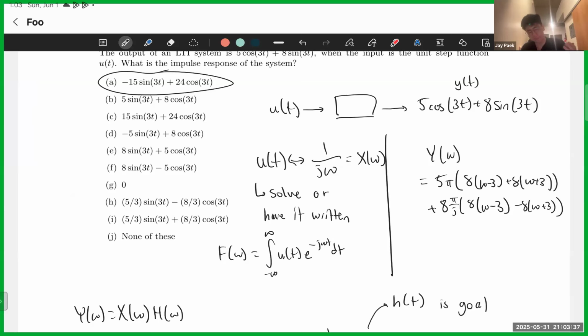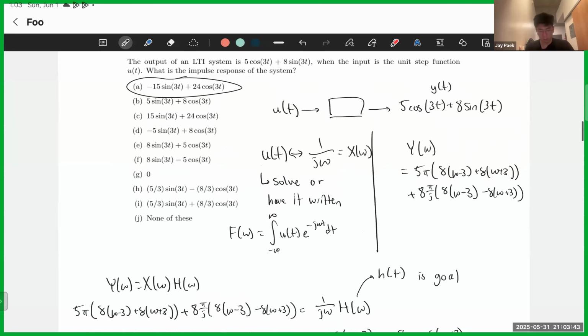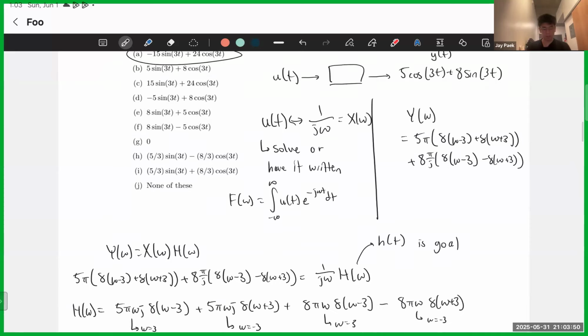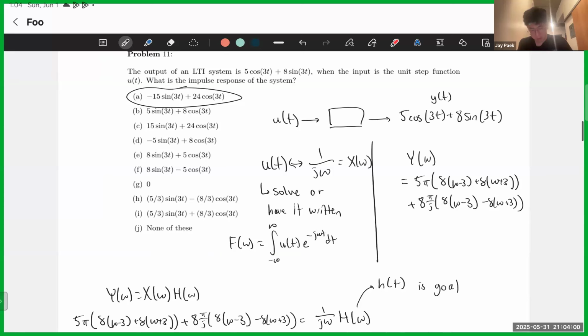So yes, it is true that this question was algebra heavy and it took us almost 10 minutes. But remember, let's do a time breakdown. I look at this question and my initial gut reaction is to analyze this in the frequency domain. Then I realize that x of omega is very easy to solve, almost immediately.